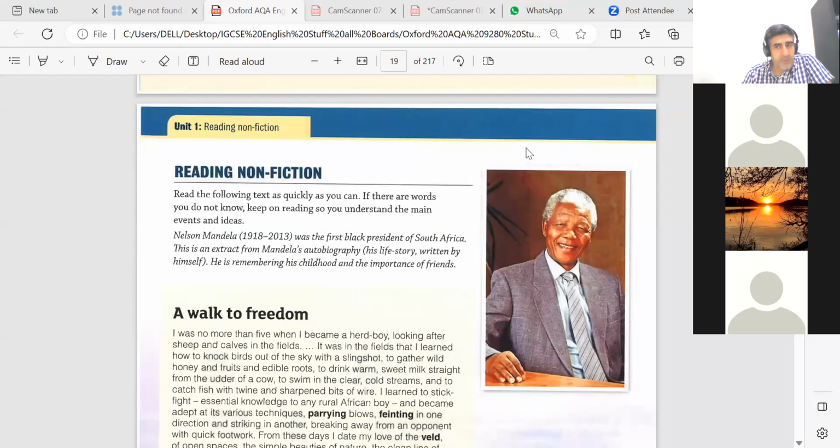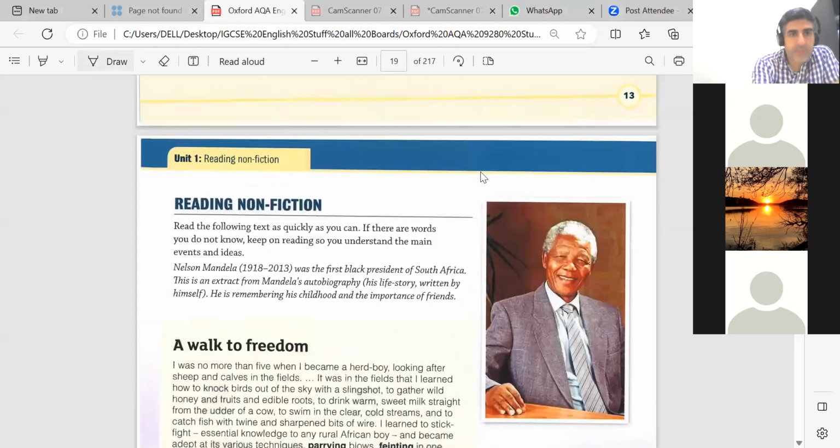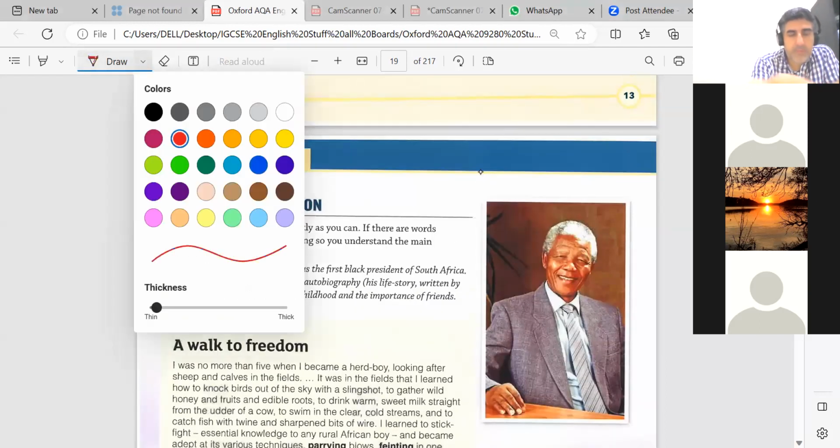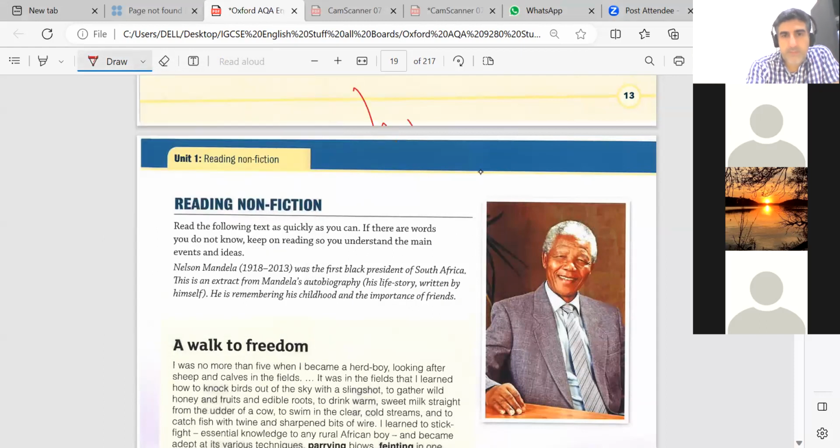Shabab, what's the difference between autobiography and biography? And are they non-fiction reading or fiction reading? Autobiography means a text which someone talks about himself.